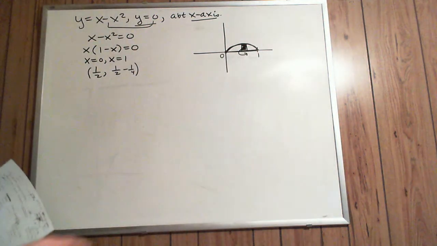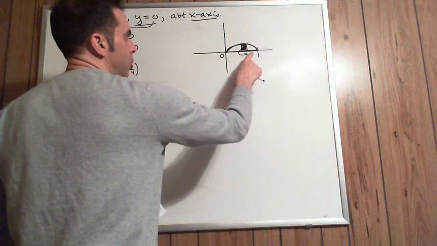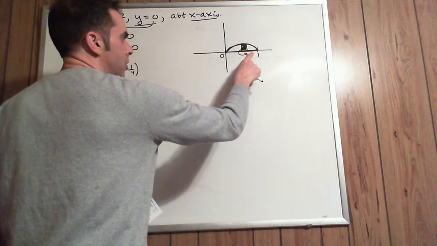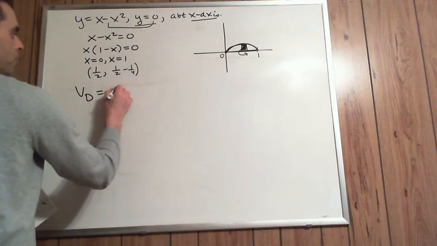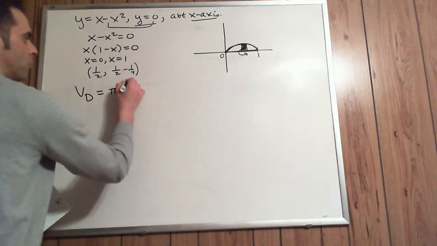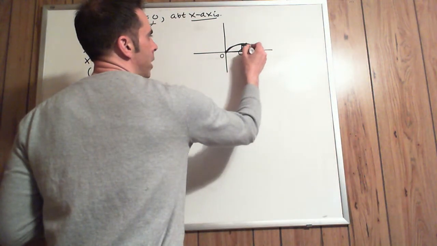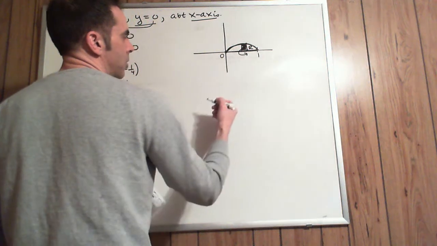Since the rectangle is perpendicular to the axis of rotation, meaning the x-axis, and there's no clear piece, it's volume by disk, which equals pi times the definite integral from 0 to 1 of the radius squared. This is the radius of that disk that we're revolving about the x-axis.